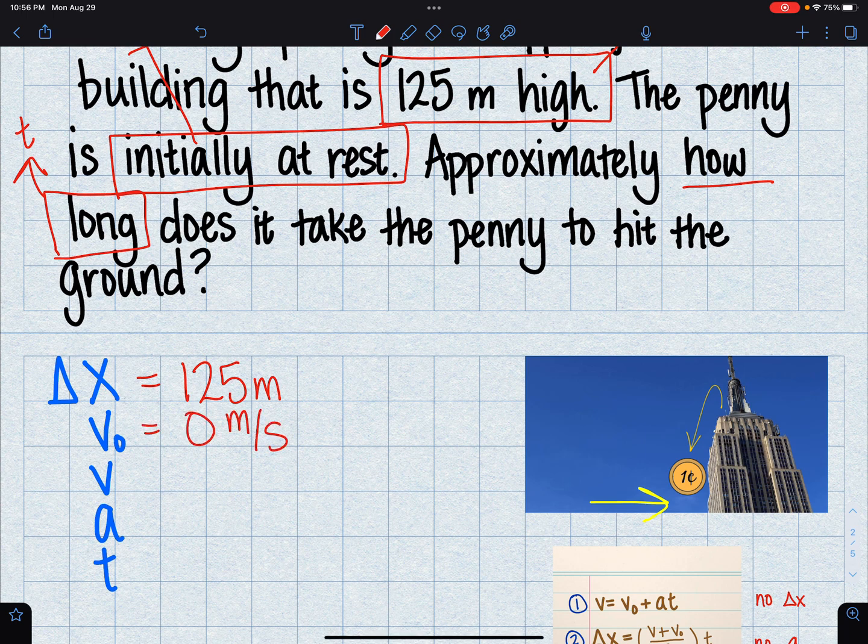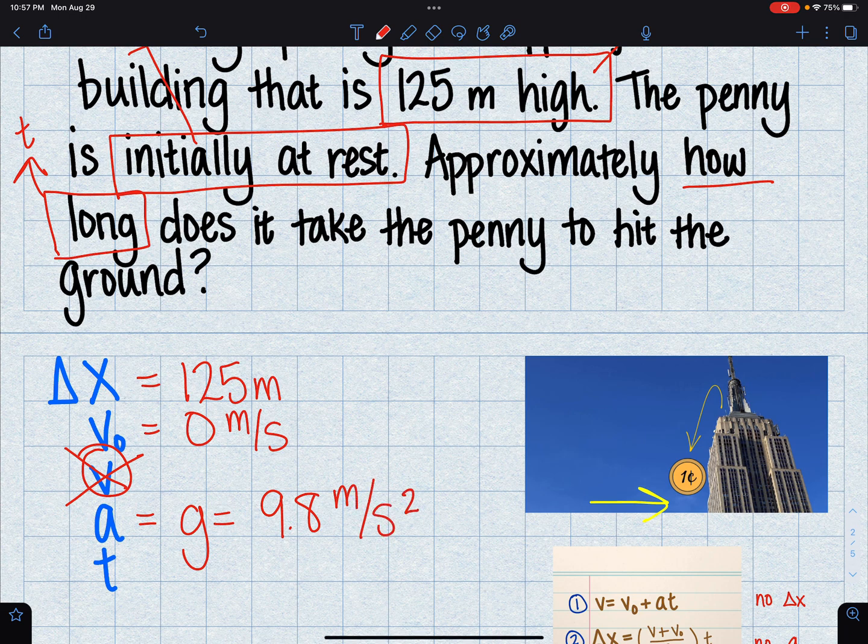So we know that. Final velocity, what do we know about that? We don't know anything. It doesn't tell us final velocity. It doesn't ask us for final velocity. So therefore, that's not really going to be a part of this problem. What about acceleration? Now we know that this penny is free falling, so the acceleration is going to be equal to g, which is equal to 9.8 meters per second squared.